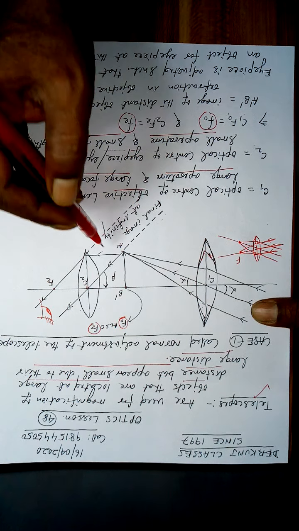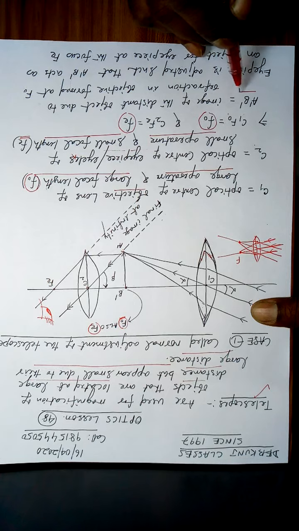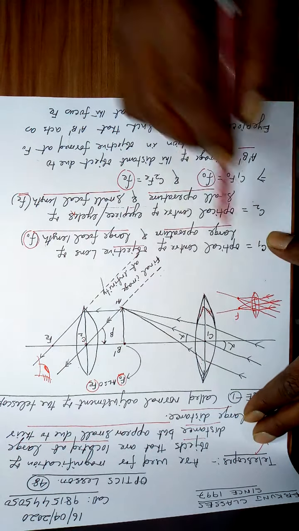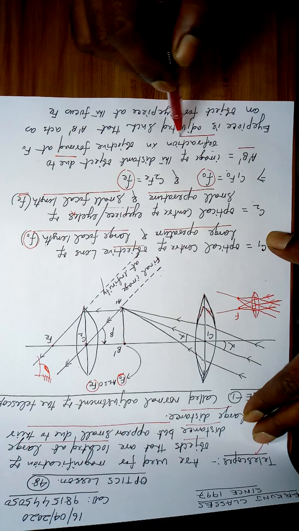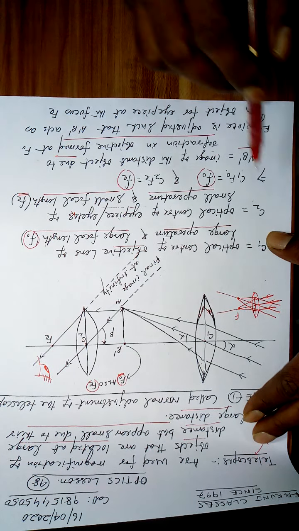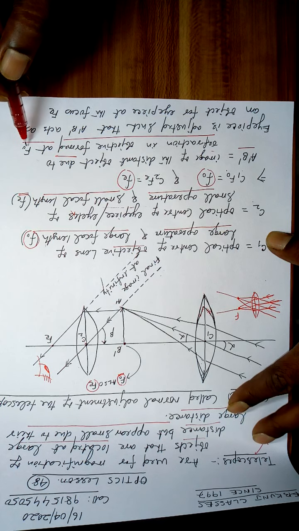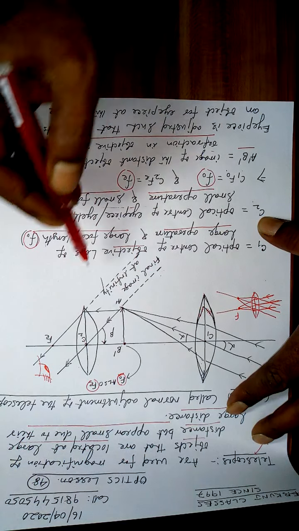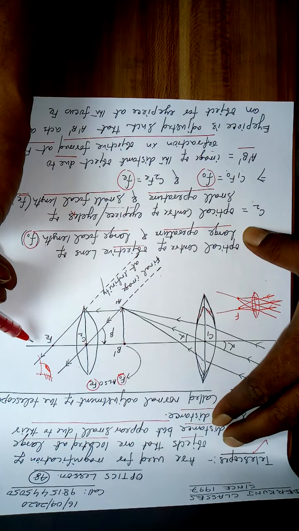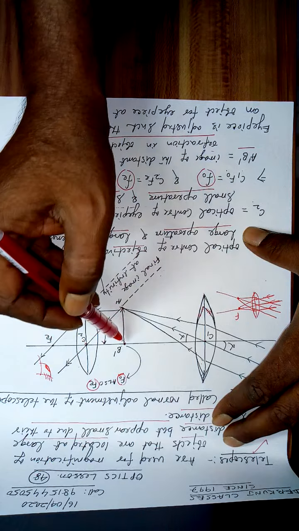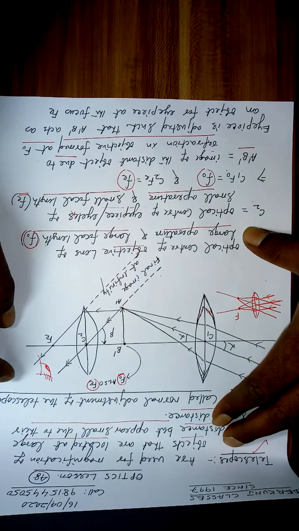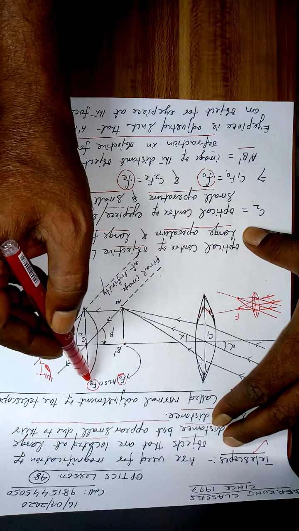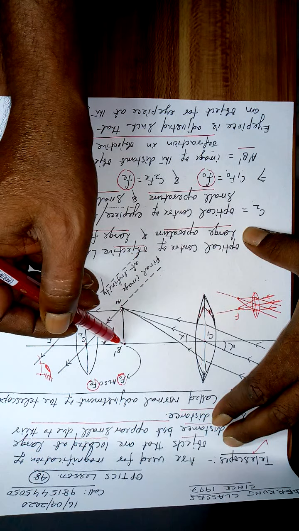So A dash B dash is the image of the distant object due to refraction in the objective lens, and it is formed at F0 here. It is inverted. Now this eye lens is adjusted in such a way that, as you bring it nearer, its focus, that is Fe, will move to this side.